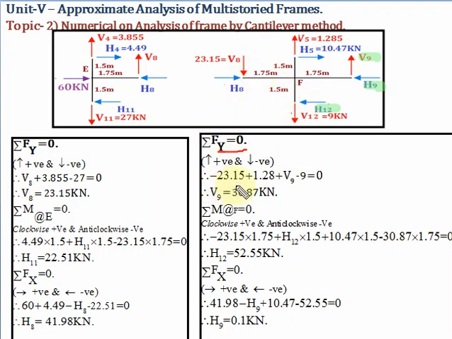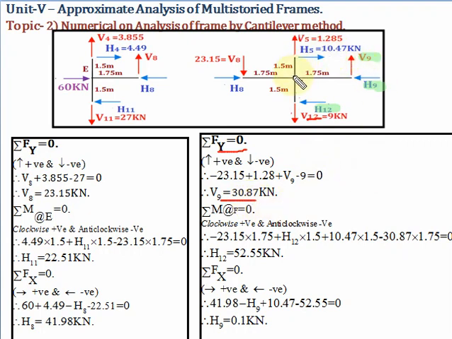So minus 23.15 acting downward, then 1.28 acting upward, plus V9, it is acting upward, plus, and minus 9. So which force is 9 here? V12 is 9, acting downward, minus. So here we'll get the value of the V9 force, that is 30.87.